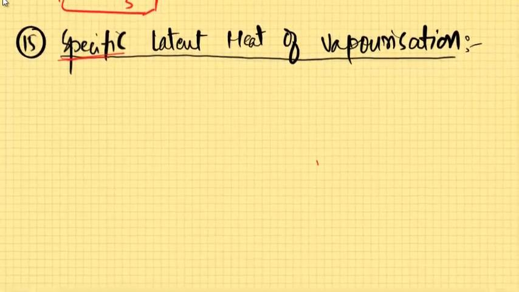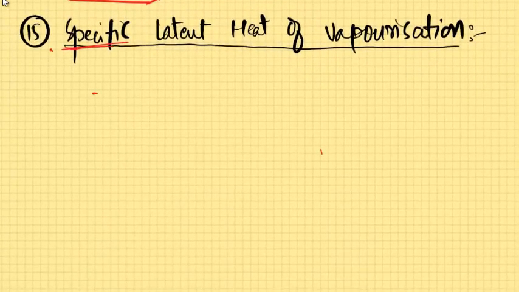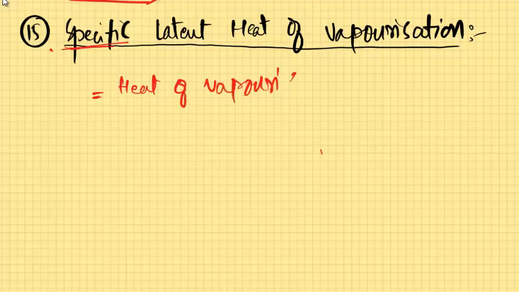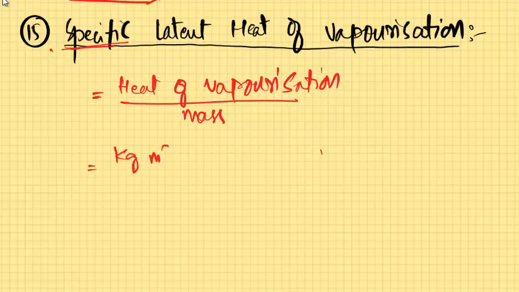So what is going to happen is that the specific latent heat of vaporization is going to be heat of vaporization divided by mass. Now heat of vaporization is measured in kilogram meter square per second square and mass is measured in kilograms.